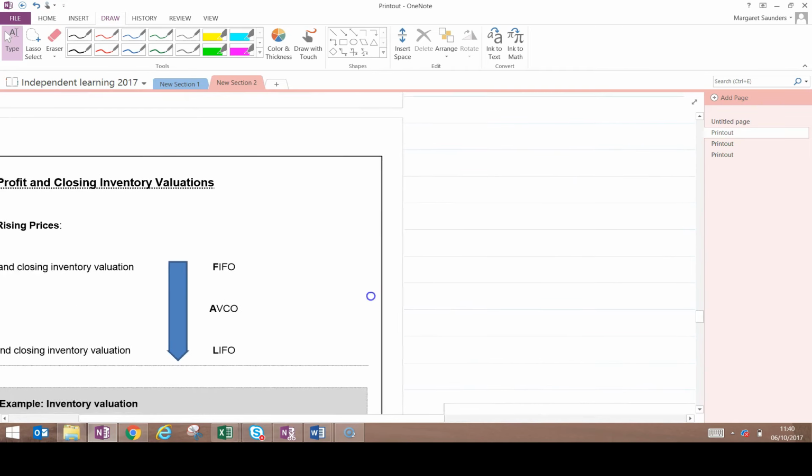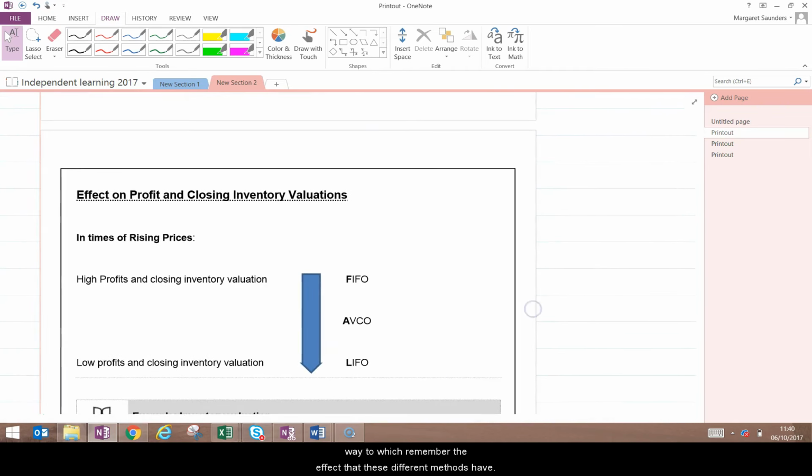And we need to remember the effect that these different methods have. FIFO gives us the highest profit and closing inventory valuation, then AVCO, and then LIFO. So LIFO will give us the lowest profit and closing inventory valuation.